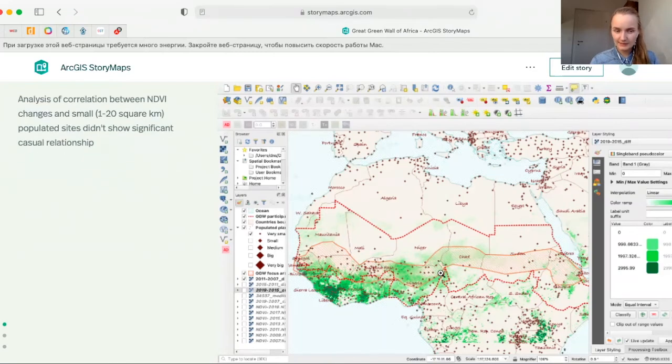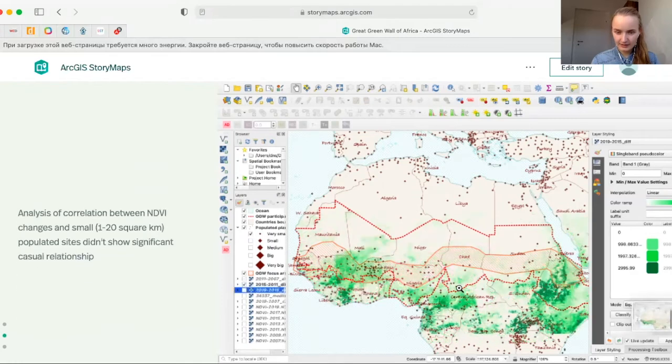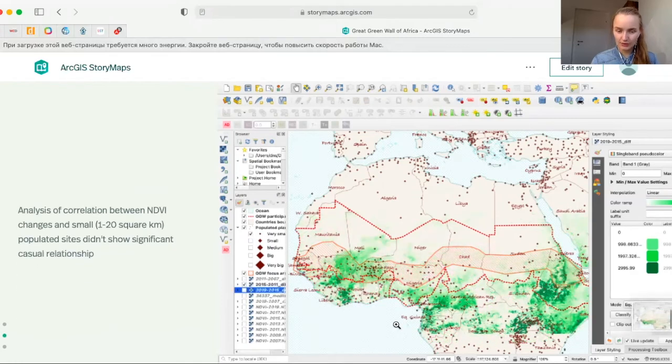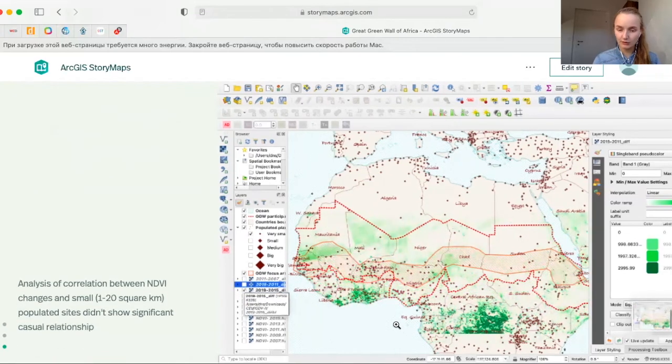This dataset shows the changes between 2007 and 2011. This is the changes from 2011 to 2015, and these changes are from 2015 to 2019. It's just the three datasets that I showed you before.